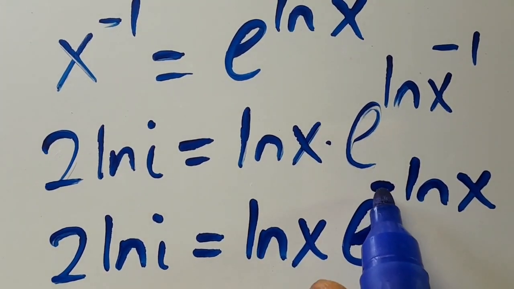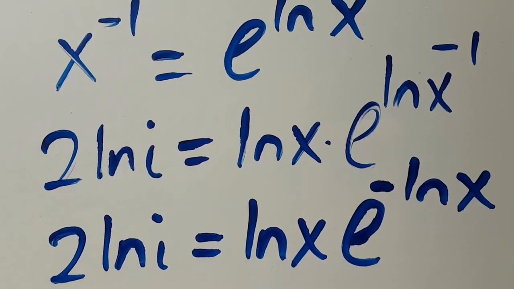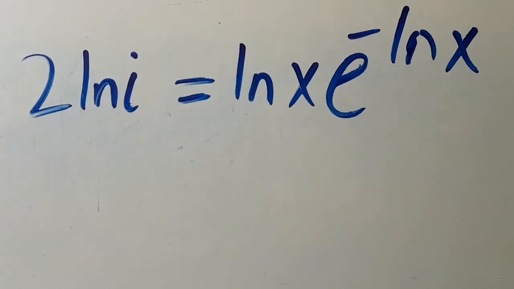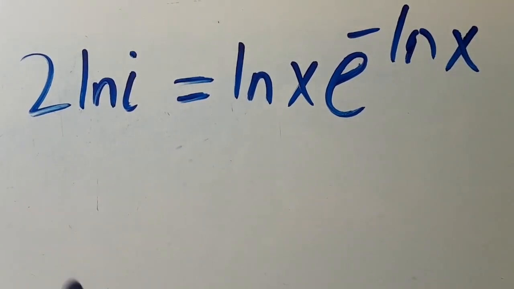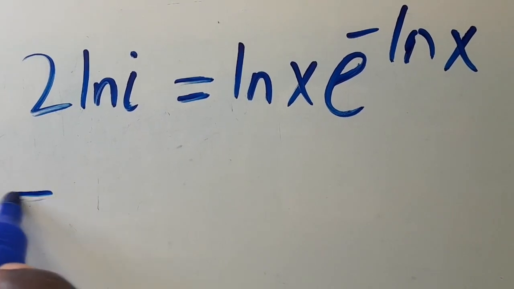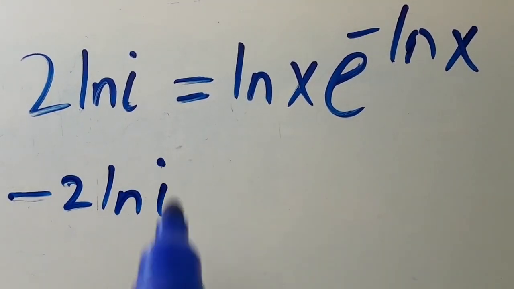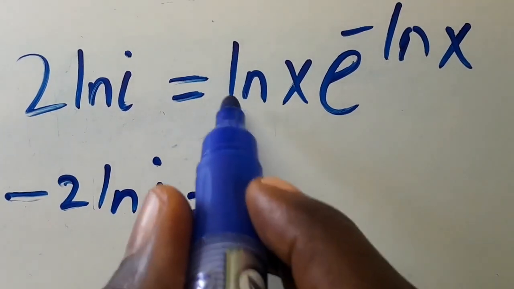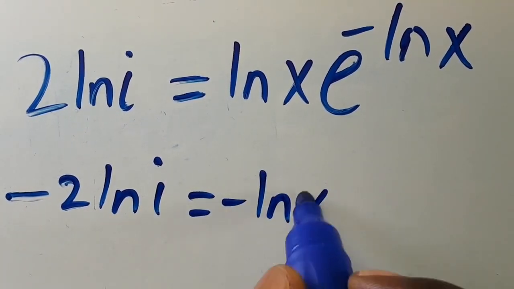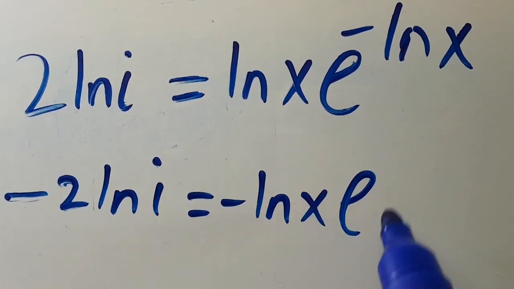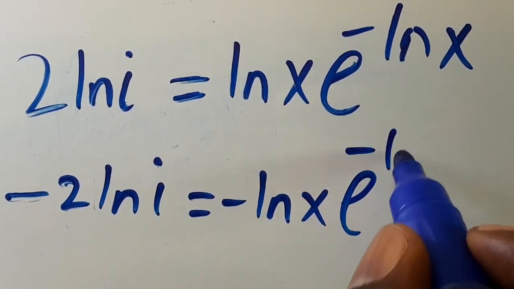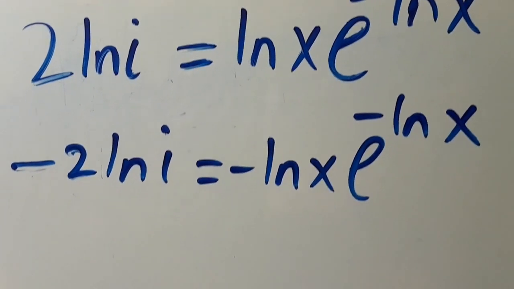You can see that we have negative here, so we want to make sure we have negative here. So let's multiply through by negative. So here will now be minus 2 ln of i equals minus ln of x, then multiply by e to the power of minus ln of x.